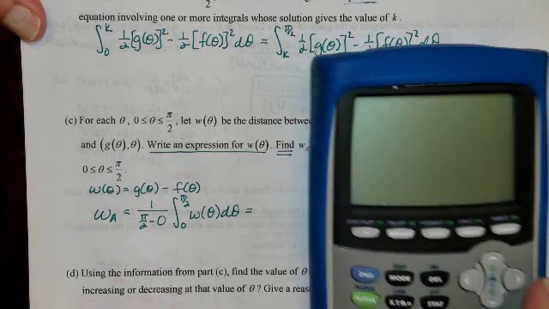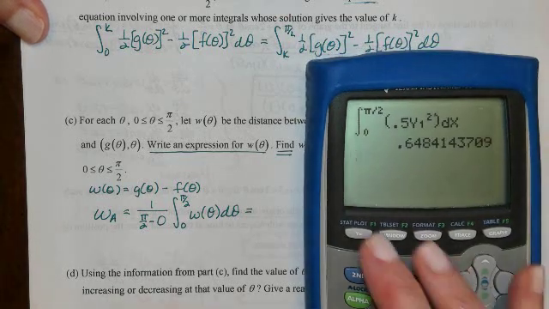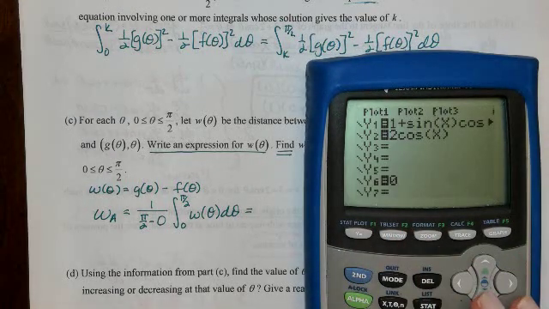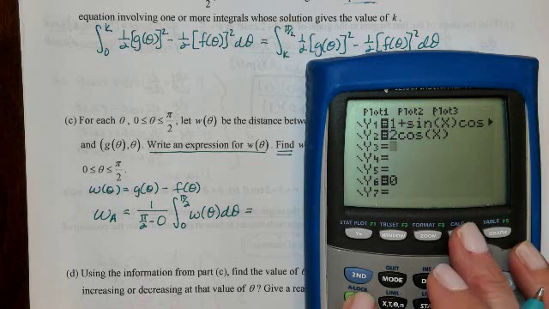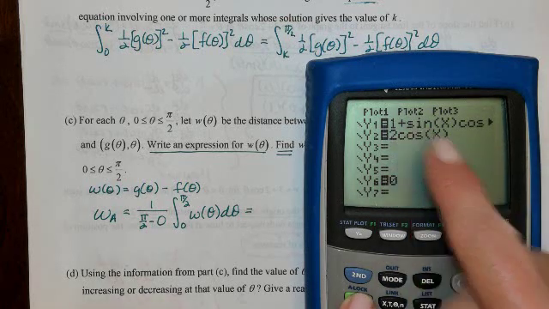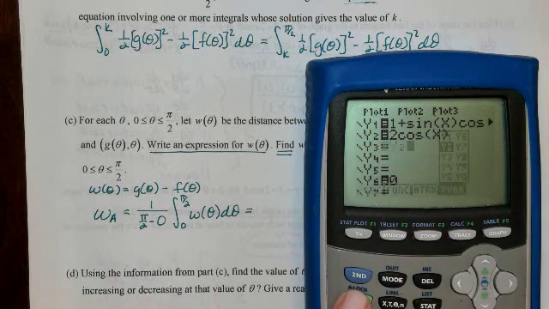Okay, so in my calculator, for my y equals, I'm going to go ahead and put g minus f, so y2 minus y1.